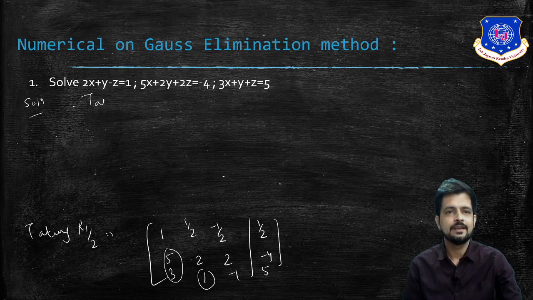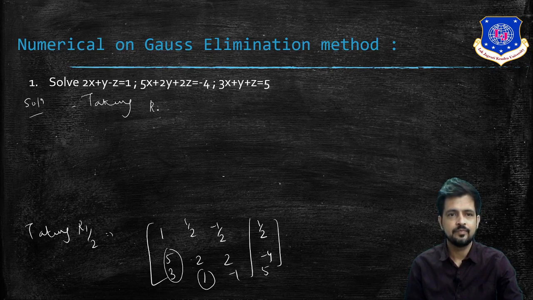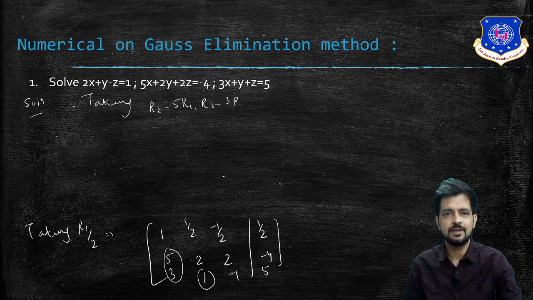By taking R2 minus 5R1 and R3 minus 3R1, we can make these two elements 0.